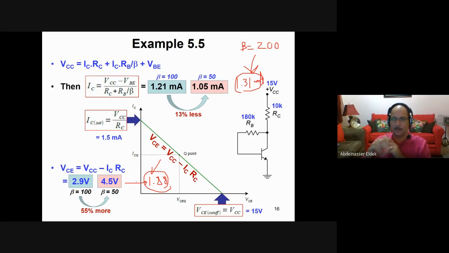Of course, okay, because the difference here is almost 1 volt relative to 1.88. This is more than 50%. So it's 50% change here, and here is this 13% in the current. So this one is unstable.